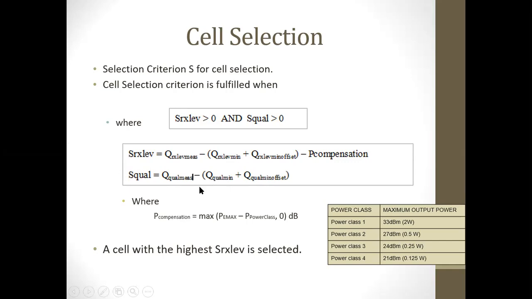So these minimum values are given in SIB type 1. You can measure the CINR of a cell. You synchronize on a cell and then perform measurement there. We discussed downlink synchronization. After the downlink synchronization step, we measure the cell and decide whether or not you camp on that. So again, you check whether this is positive or not. If both are positive, then that cell can be selected.